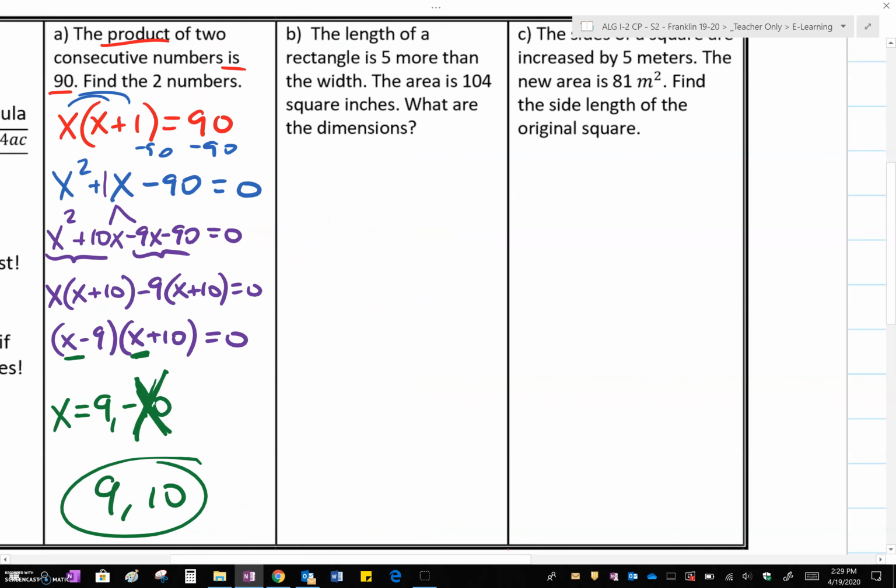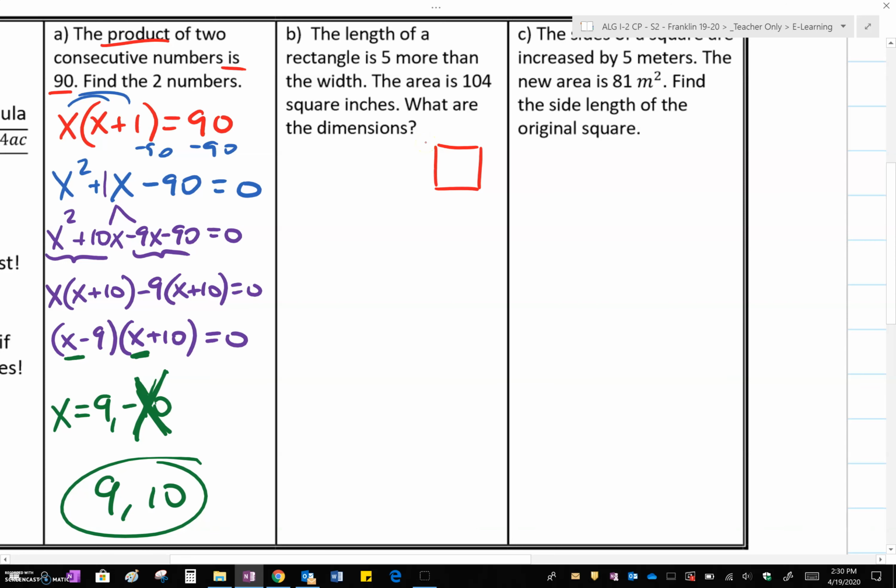Let's go to the second one. The length of a rectangle is 5 more than the width. The area is 104 square inches. What are the dimensions? So remember, if you have a rectangle, the area is length times width, right?